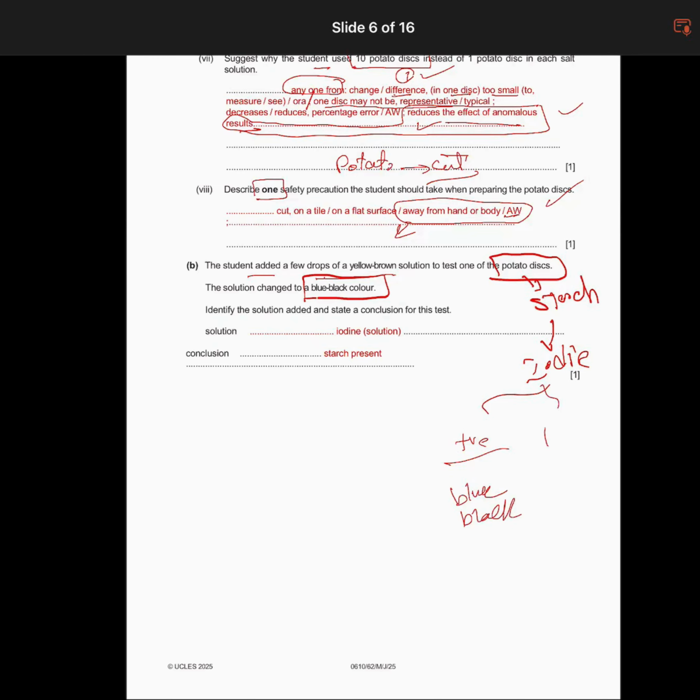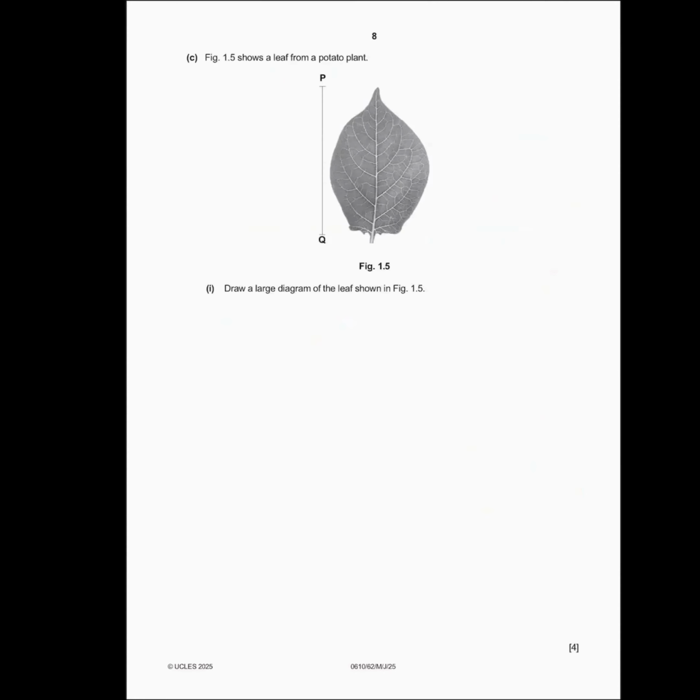A negative result stays brown. So the solution is iodine solution. If you mention the word solution, no problem. It's between brackets. Conclusion: starch is present. Why? Because it said that there is blue-black color. This means a positive result. So this is question number one.